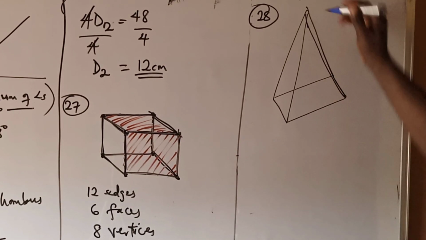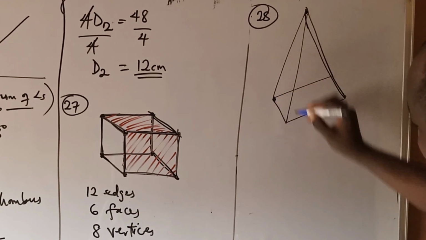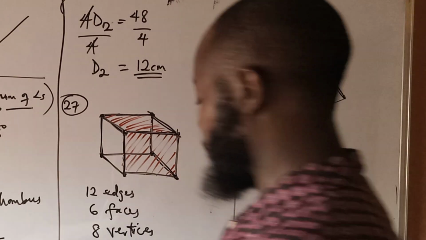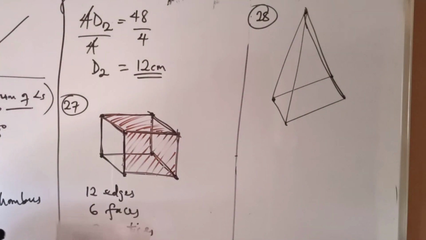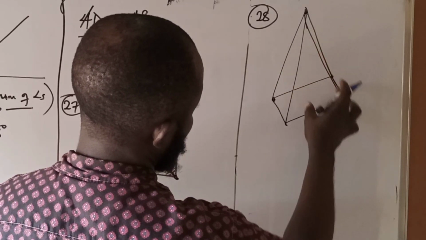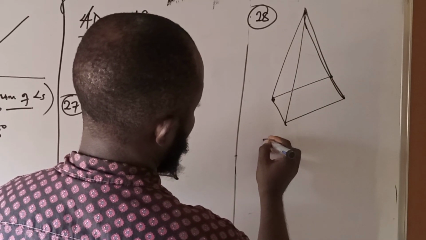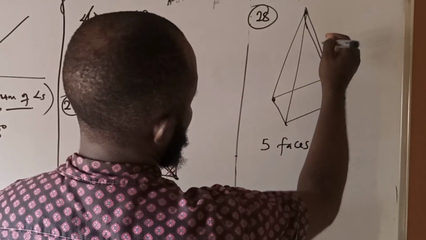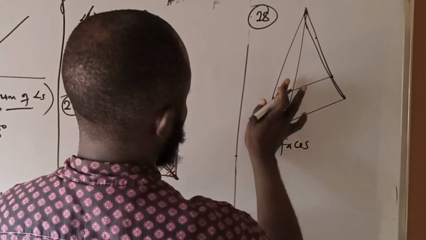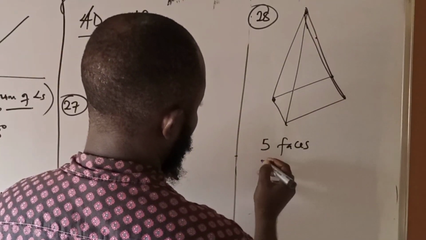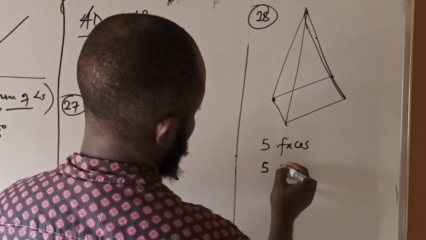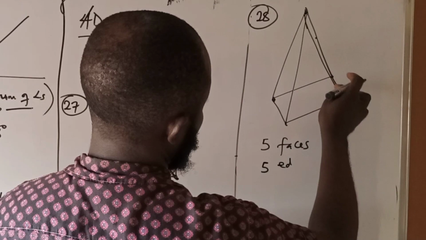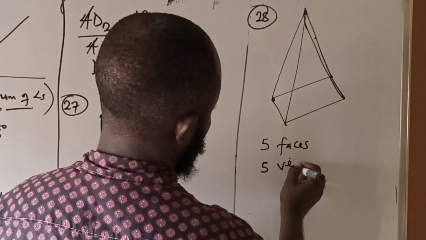So how many vertices? We have one here, one here, one here, and one here, making what? 5. So it has 5 vertices. So a rectangular base pyramid has 5 faces, because this one face, another face, another face, plus this one.